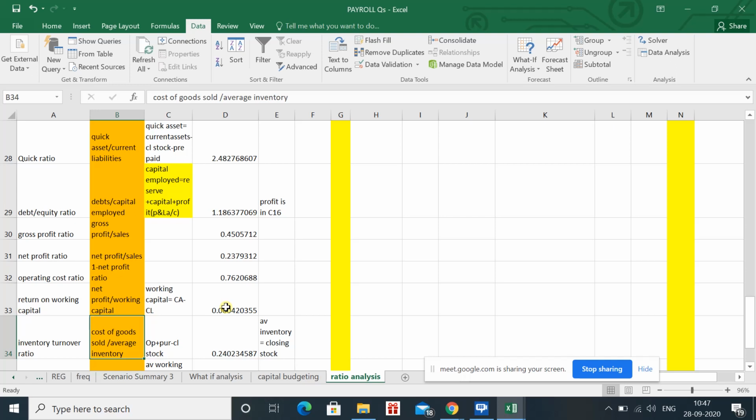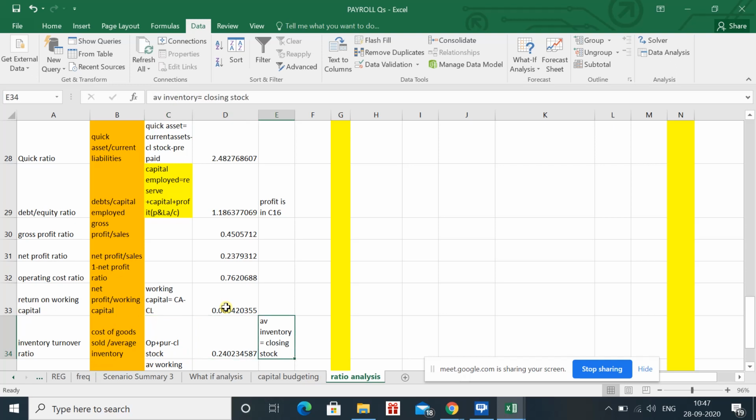Then inventory turnover ratio. Inventory turnover ratio means cost of goods sold divided by average inventory. And we know that to calculate the cost of goods sold, the formula is also written here: opening plus purchases minus closing stock.